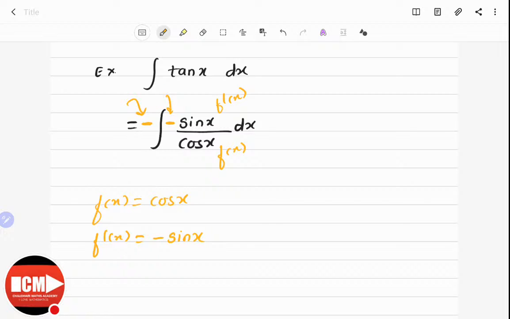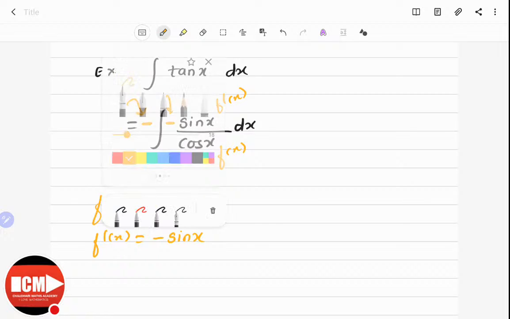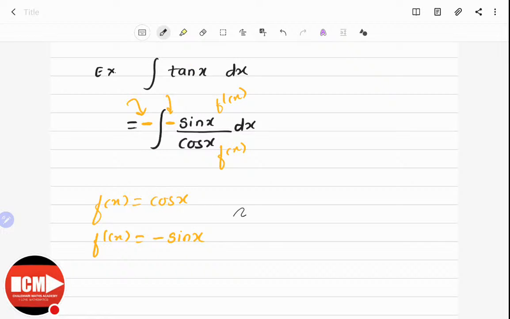Right now you are free to apply the corollary. Here I am writing the corollary once again for you. It's all about integration of f dash of x upon f of x with respect to x. The answer is log of f of x plus c, right? What do you think, friends? What is the answer for this question?